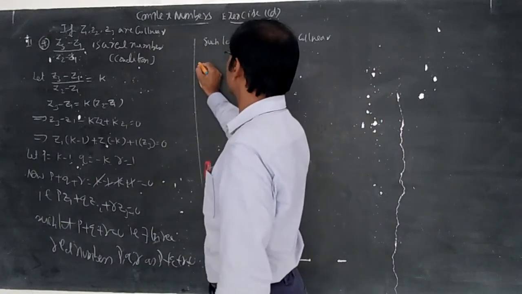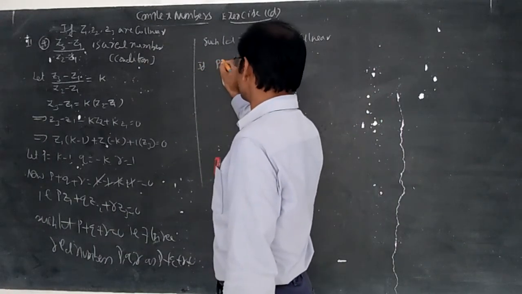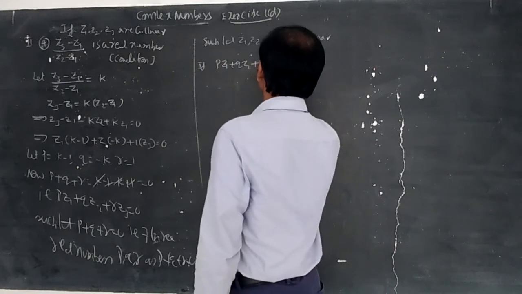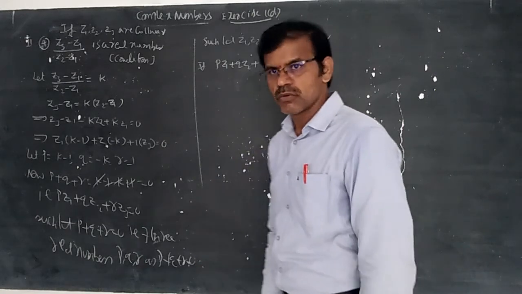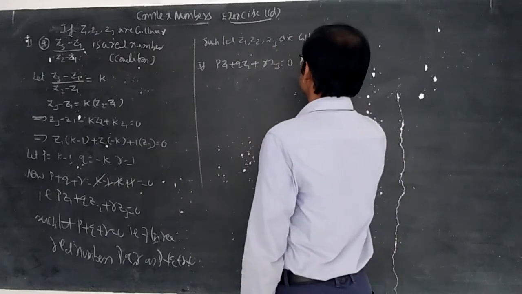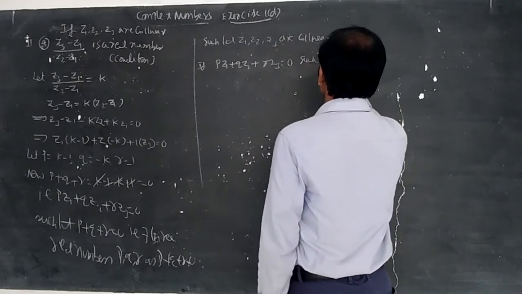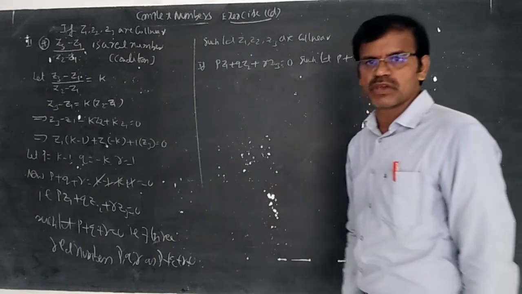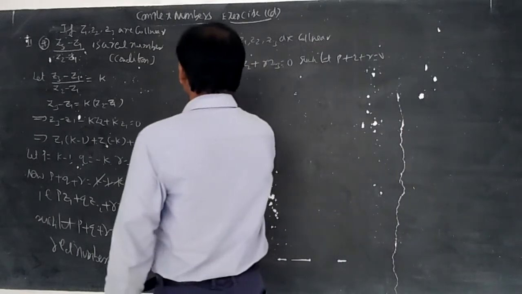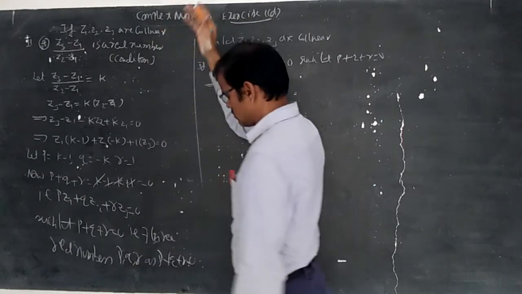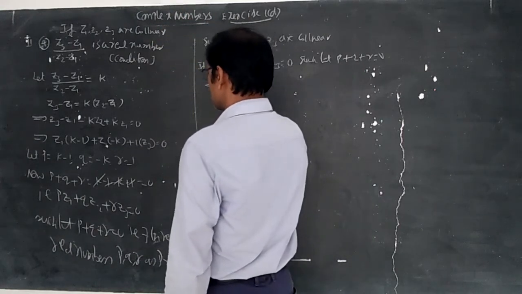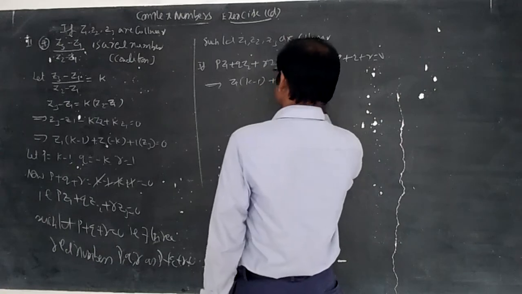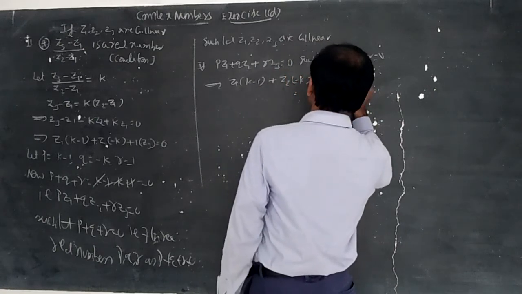Now if PZ1 plus QZ2 plus RZ3 is equal to 0, such that P plus Q plus R is equal to 0, where P, Q, R are three real numbers, that implies, going from down to up, Z1 into K minus 1 plus Z2 into minus K plus 1 into Z3 equal to 0.